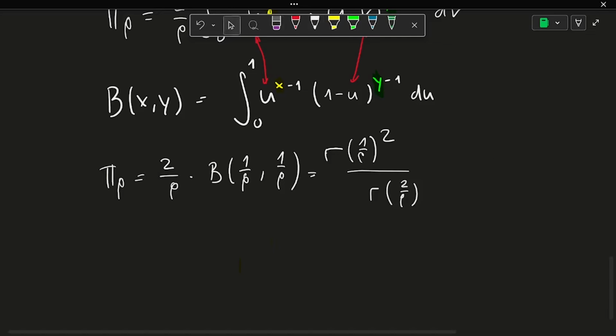And therefore we managed to write our pi p in terms of the beta and gamma functions. Let's add that to our pi p list.